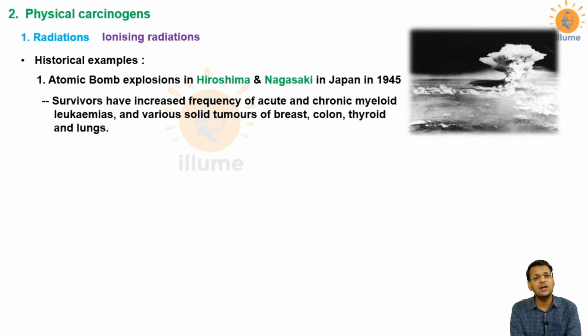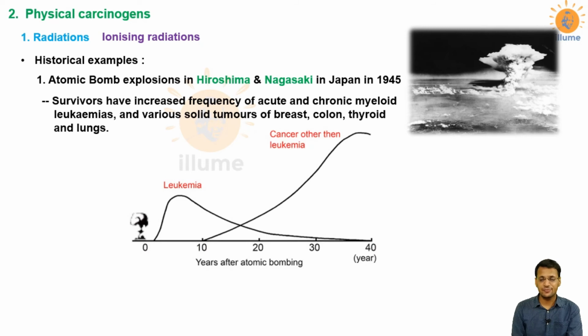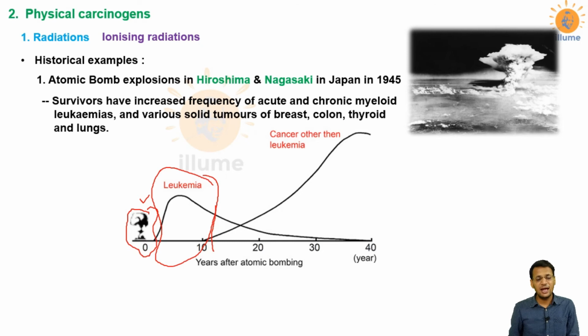And even after decades of the explosion, there were plenty of cancer patients diagnosed in those areas. This is a graph clearly showing, see, this is the time of explosion, the 0th day, and in the first 10 to 15 years, there were thousands of leukemia cases diagnosed, and after 10 to 15 years there was a decline in leukemia cases.